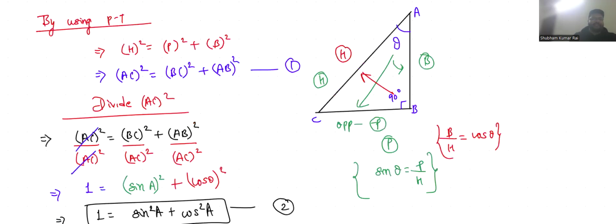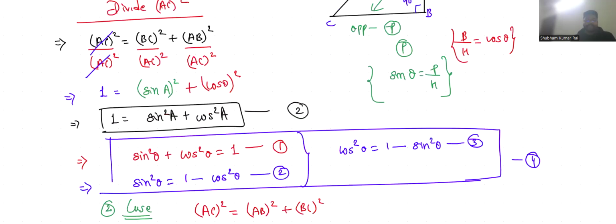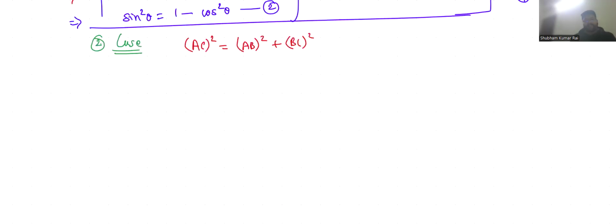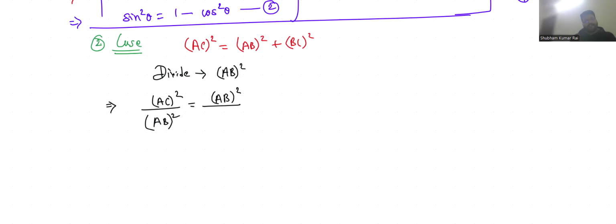Now, in this one, we will be dividing by something else. So, can you guess what we have to divide by now? Can anybody guess? Here we will be dividing by AB square. So it can be AC square upon AB square is equal to AB square divided by AB square plus BC square upon AB square.